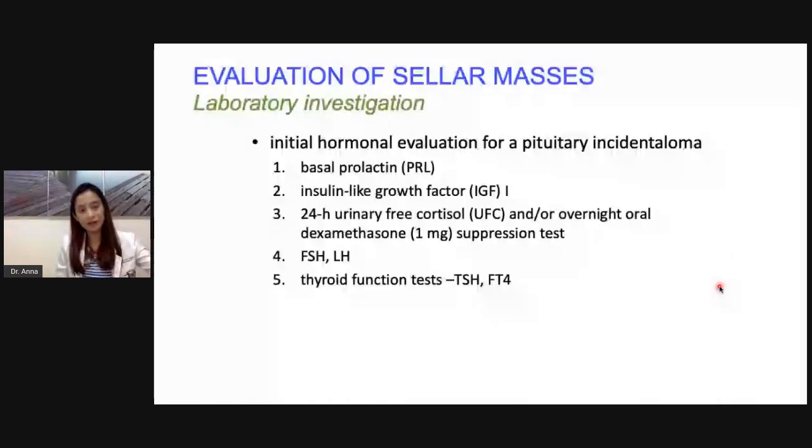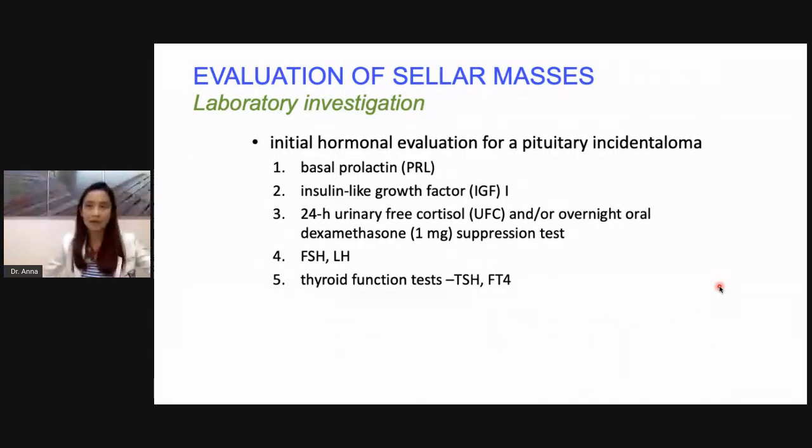So what are the other things? This is a very important part that I would like to emphasize, the laboratory investigation. The initial hormonal evaluation in a patient with a pituitary incidentaloma. Incidentaloma means a mass is discovered on imaging that was done for other purposes.